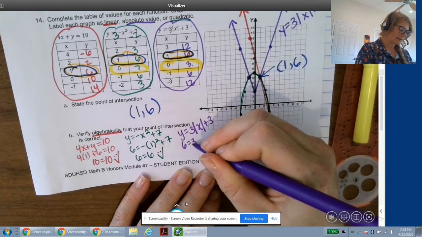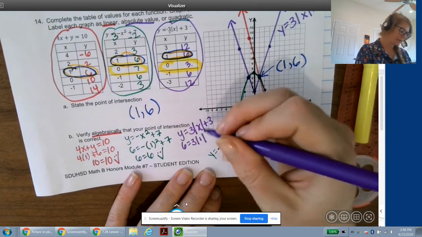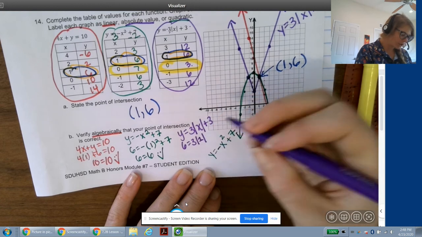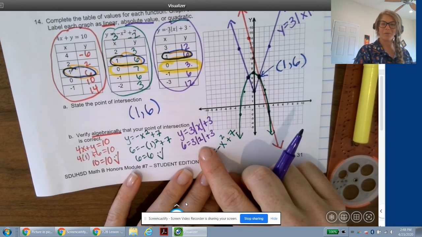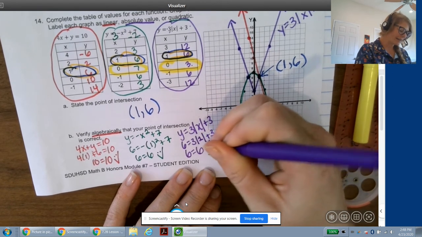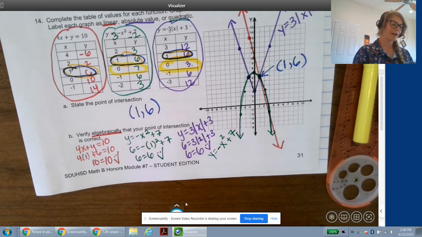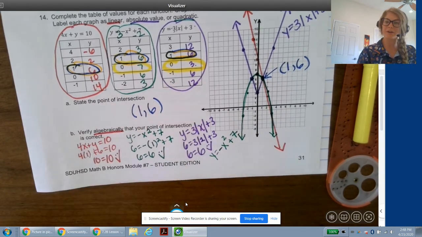Y is 6, x is 1. Ooh, absolute value of 1 looks kind of funny, huh? Maybe we'll make it look more 1-ish. Plus 3. Absolute value of 1 is 1. 1 times 3 is 3. 3 plus 3 is? Hey, it's 6. So we have now verified algebraically that the point 1, 6 lies on all three of those functions.